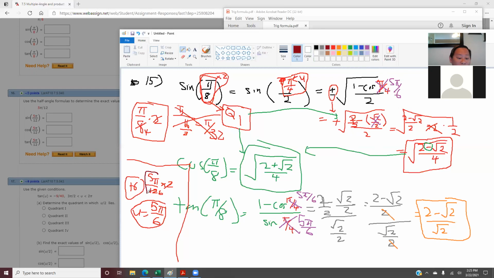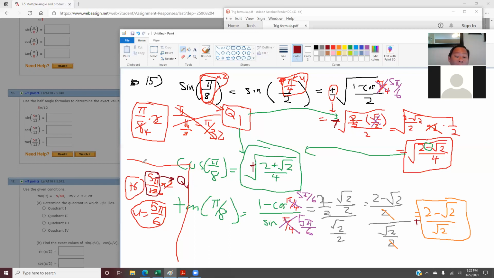Can you tell me 5 pi over 12 belongs to what quadrant? The first one? It's the first one. So same thing. In the first quadrant, sine, cosine, and tangent are all positive.